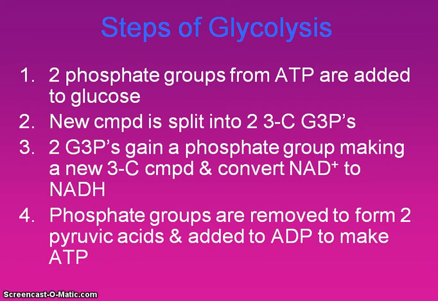And those two G3P molecules then gain a phosphate group to make a new 3-carbon compound and convert NAD plus into NADH, which is a way of storing energy. The phosphate groups are then removed to form pyruvic acids and added to an ADP molecule, or diphosphate molecule, to make ATP, which is triphosphate.